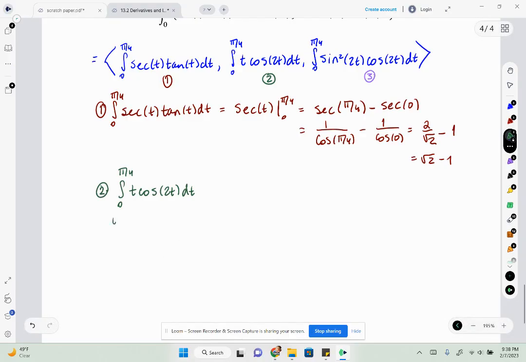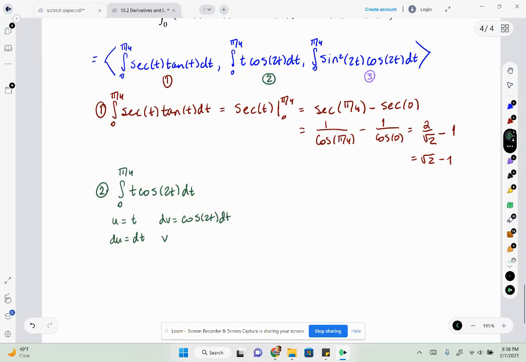So down below here, I'm going to have my u is equal to and my dv is equal to. A wise decision for u would be the t, so that when I find du, I no longer have to deal with any variables. Du will just be dt. dv will be the cosine of 2t dt.